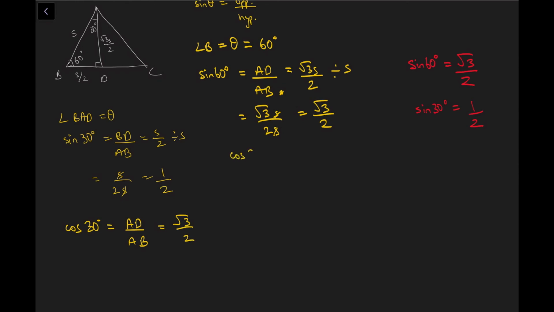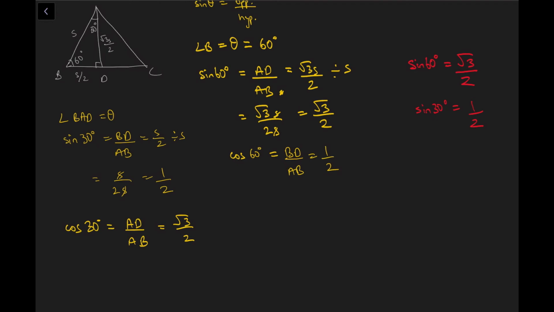Similarly over here, cos 60, in this case angle B is equal to theta, which is 60. We'll have cos 60 as adjacent side by hypotenuse, which is BD by AB, which is 1 by 2. And that's your sine and cos derivations for standard angles.